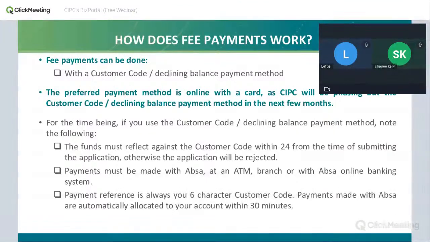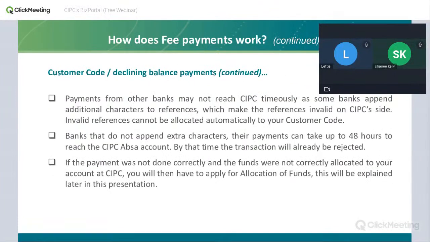Now, the customer code declining payment method. Payments from other banks may not reach CIPC timeously, as some banks append additional characters to references, which make the references invalid on the CIPC side.